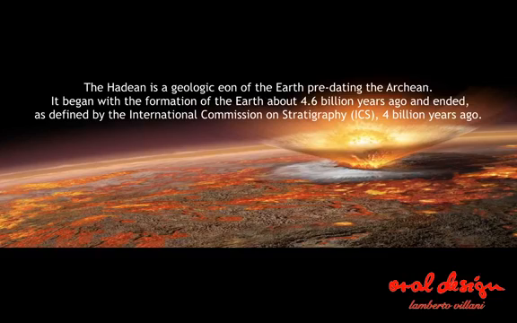This is a slide that I really like, because this is 4 billion years ago. The Eon is a geologic eon, as you can see on my writing. It began with the formation of the Earth about 4.6 billion years ago.